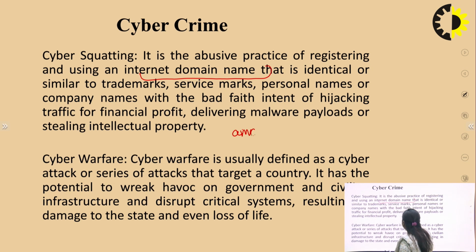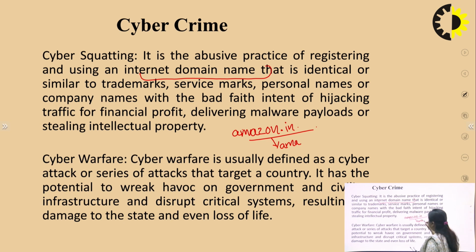website. Suppose we have, as we know, Amazon.in, or whatever the website is. Now, the same website has been created with the name of Amazon, and the Z is replaced by J, for example.